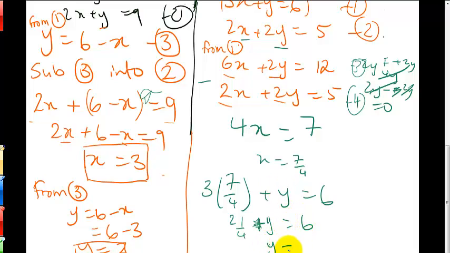And then just y equals 6 take away 21 over 4. Any questions about that? Nope.